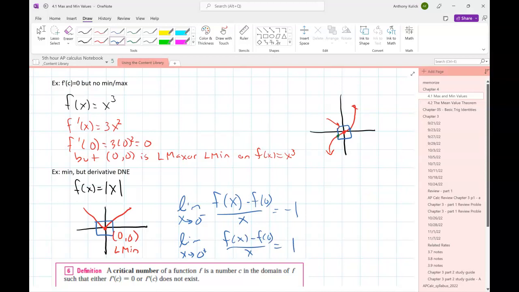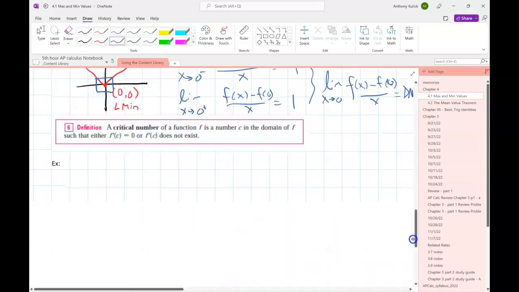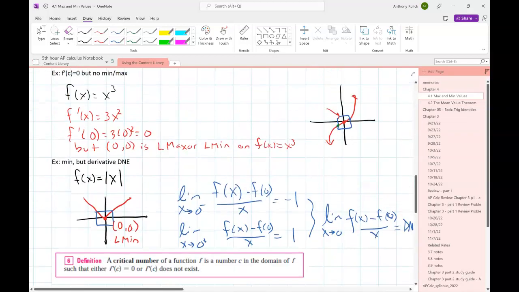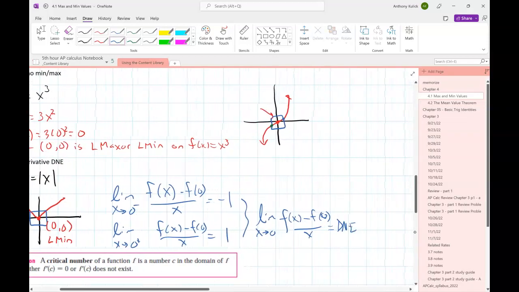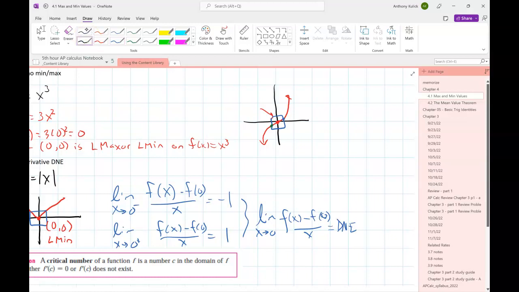And since the left-hand limit and the right-hand limit disagree, the limit as x approaches 0 of (f of x minus f of 0) over x does not exist, right? We did this way back in chapter 2. That's going back to the limit definition of a derivative. Oh no! You thought you would get away with not seeing that again, and here it is creeping back up.